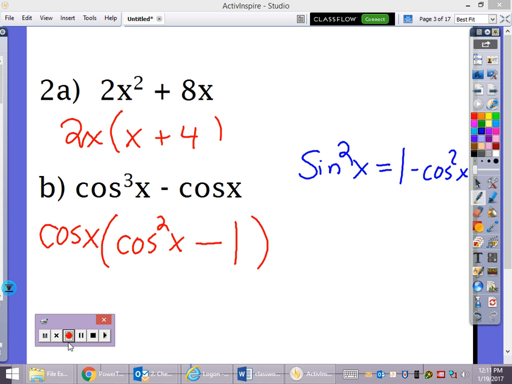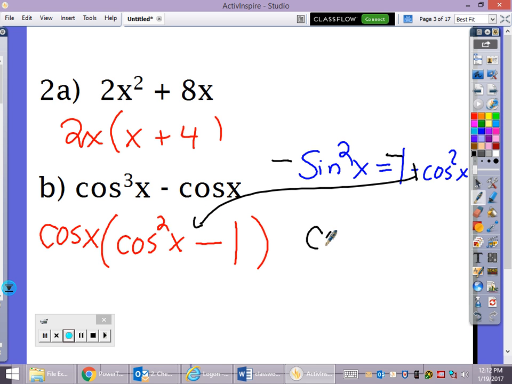The reflection of sine is negative sine. So when I look at 1 minus cosine squared x, this is the opposite. Therefore, it is reflected. So if I make this negative, that positive, this now matches this. So that gives me cosine x times negative sine squared x.